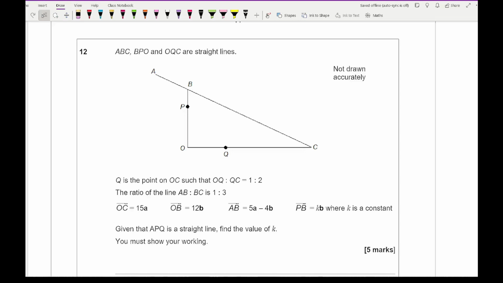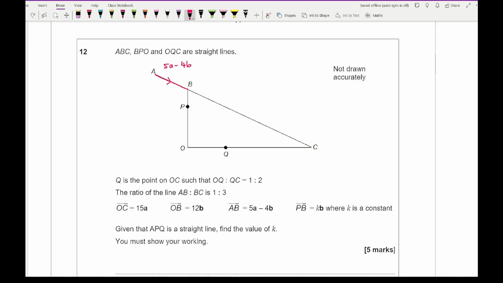So first things first, let's do our best to try and label as much of this diagram as possible. So we know that A to B is 5A minus 4B. So this length here, going from A to B, if I just highlight it in pink, is going to be 5A minus 4B.